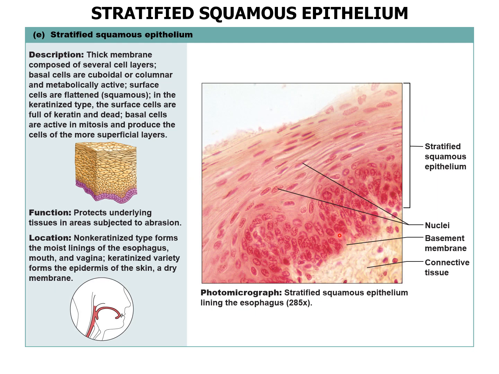So we find stratified squamous where we need a lot of protection as a lining. So protection would be the function. Your superficial layer of skin, called the epidermis, is a good location for stratified squamous, and also the tongue and throat. These are areas that take a lot of friction and therefore need protection.